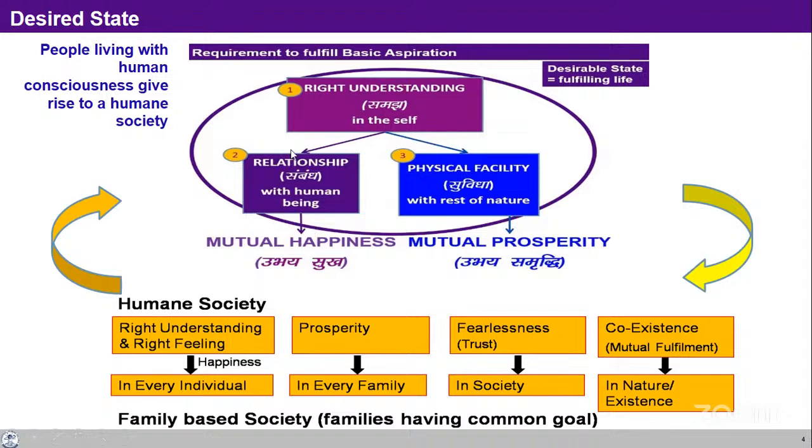With right understanding, if I am able to see the physical facilities required for my living, it can lead to mutual prosperity. So this state is the desirable state, fulfilling state.